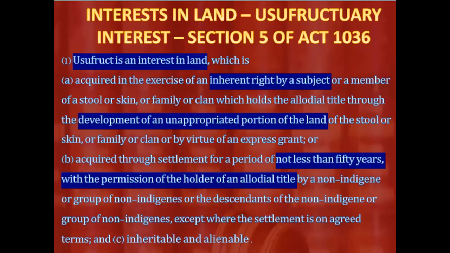So section 5 gives two categories: the usufruct that can be acquired by a person who is a subject of the stool or skin or family or clan, and then it also indicates that the usufruct can be acquired by a person who may not be a subject or who may not be an indigene. So as I proceed to read section 5 of Act 1036, be on alert and see how section 5 explains usufruct under these two headings.